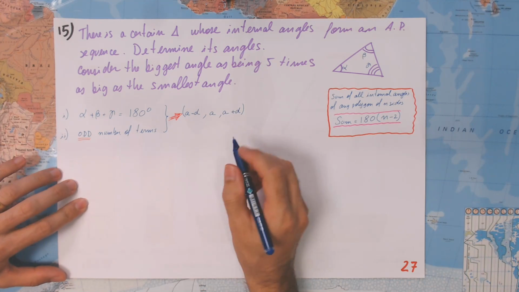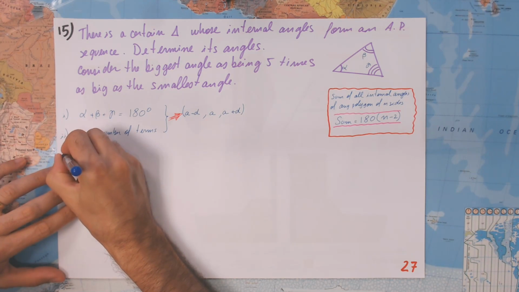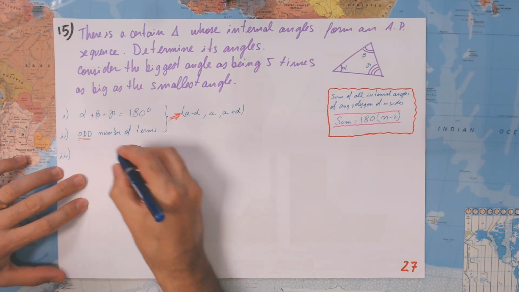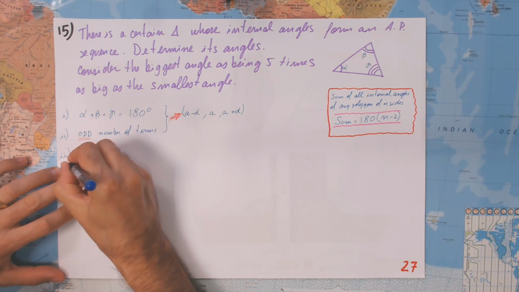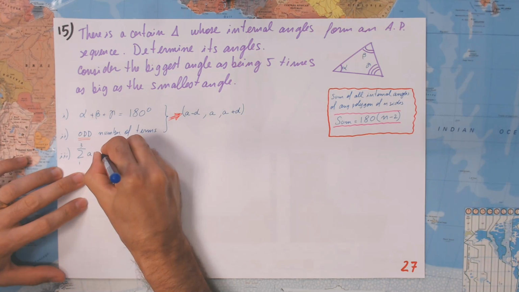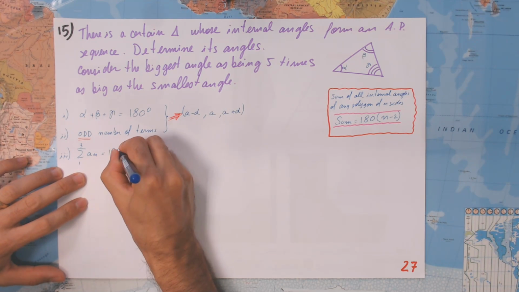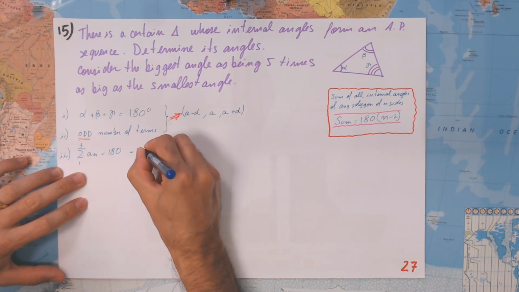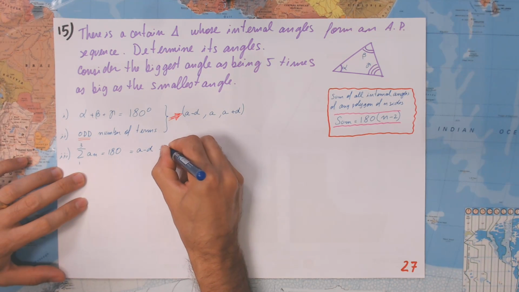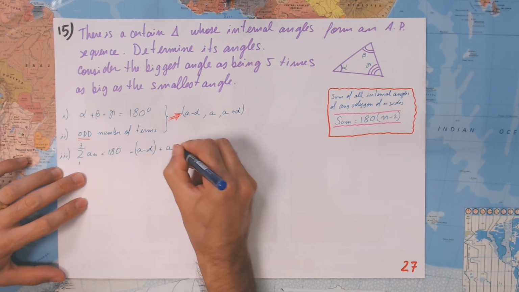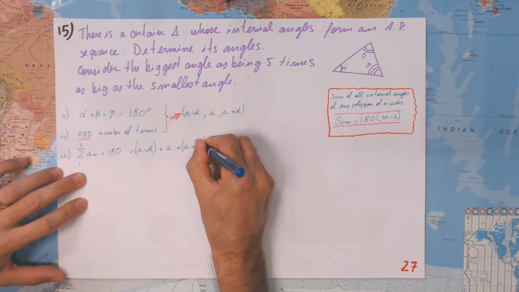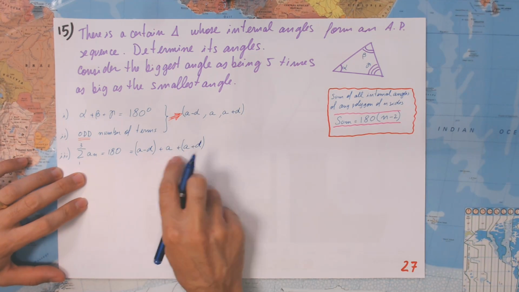Why? Because now all we have to do is the summation of the terms from 1 to 3. It is going to be 180, and that means A minus D plus A plus A plus D. Again, those are the terms 1 to 3.